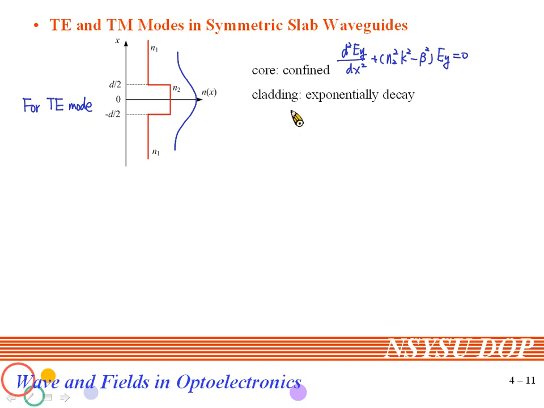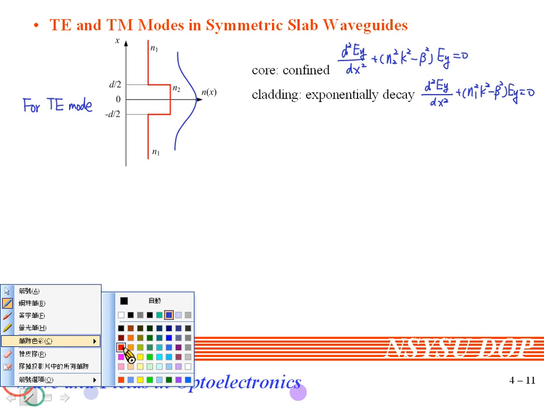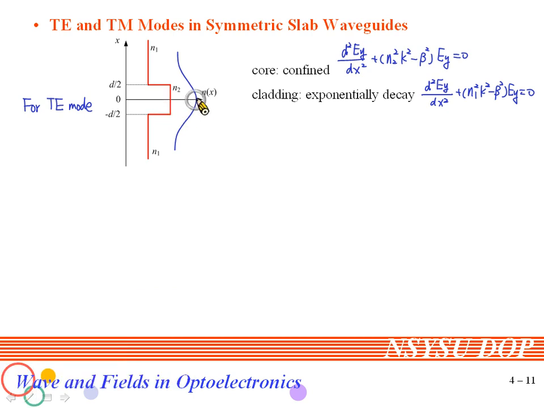As in the cladding region, it can be written as this. And as I have said, to have guided mode, in the core region, the field should be well confined in the center. So in the core region, the field distribution should be sine function or cosine function.